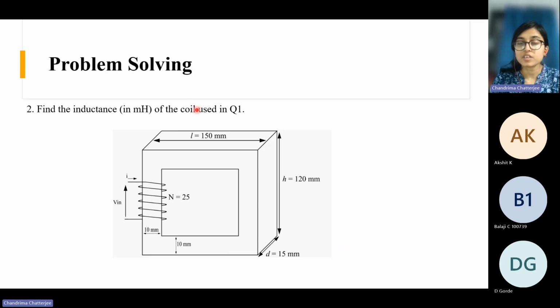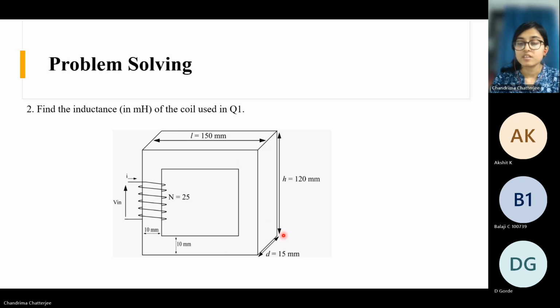Find the inductance of the coil used in question 1. All this information is given: the core dimensions along with the switching frequency, and the number of turns. So you will have to find the inductance.